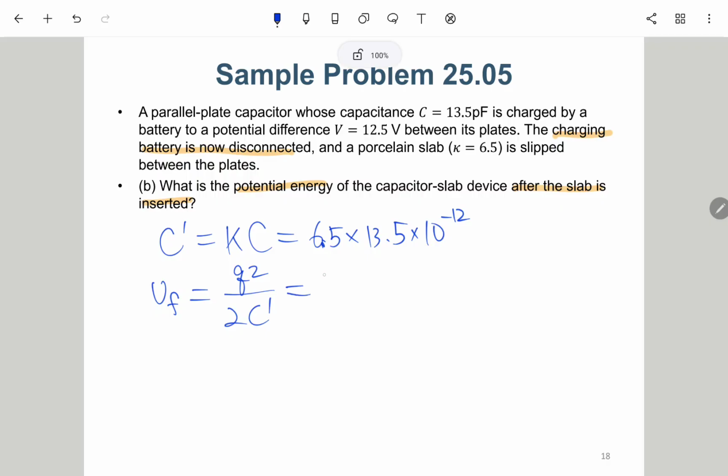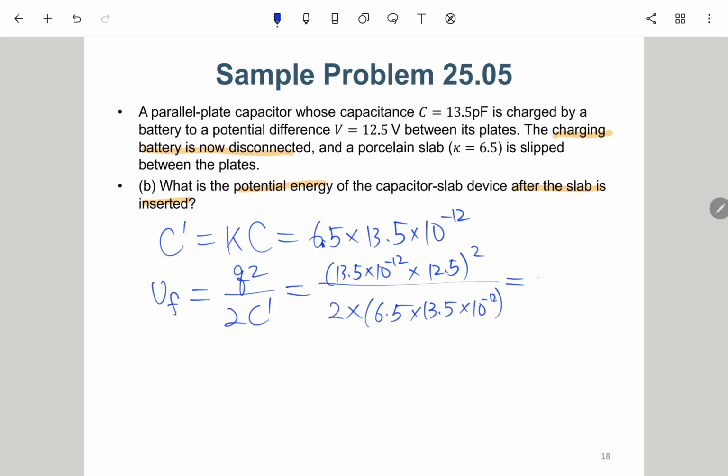Q is originally 13.5 times 10 to the negative 12 times 12.5. This is the original charge, taking the square, divided by 2 times 6.5 times 13.5 times 10 to the negative 12.